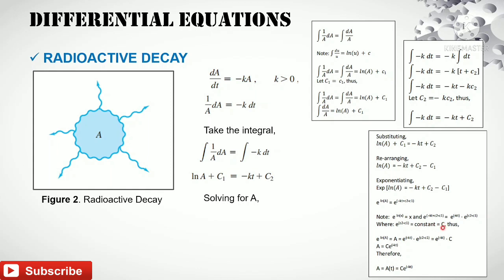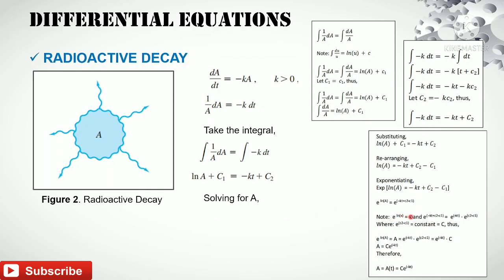So we can say that e raised to the ln a is equal to e raised to the negative kt plus c2 minus c1, and e to the ln a is equal to a, since we have this special property.